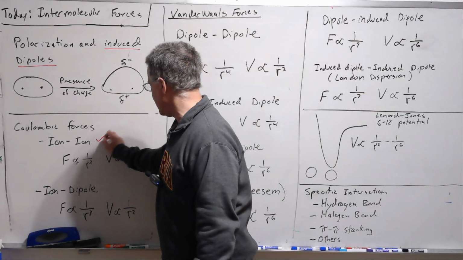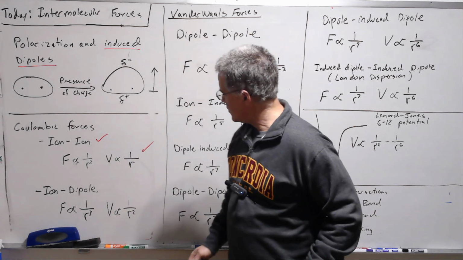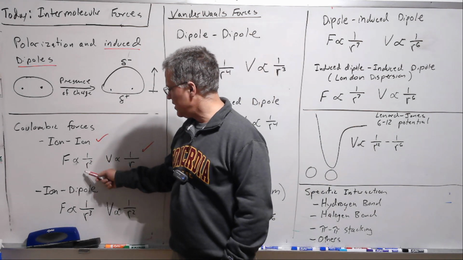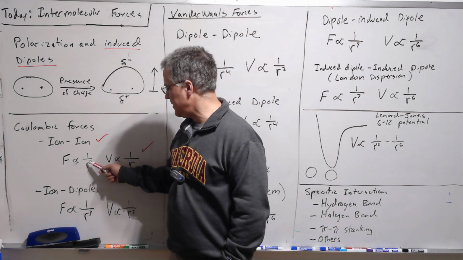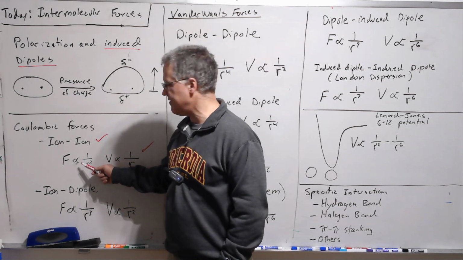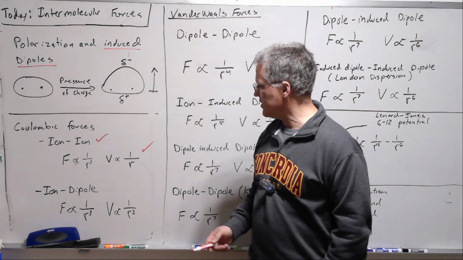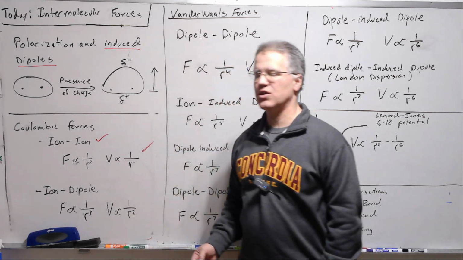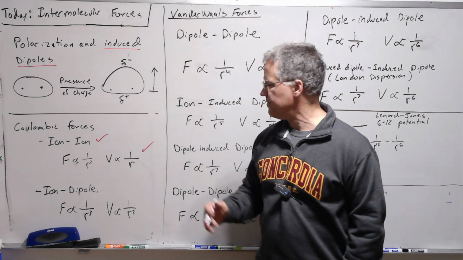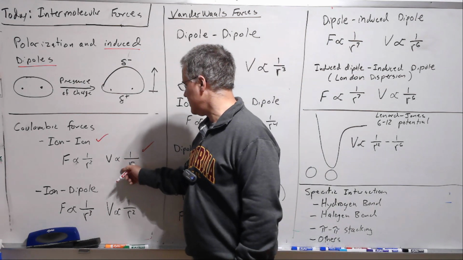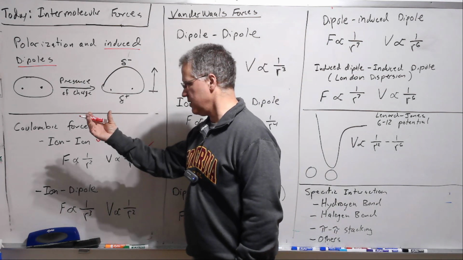Well, we've already done a few. We've done the ion-ion. That's, of course, just Coulomb's law. So what I'm going to do here is just denote the functional behavior of the force with distance. So we know the Coulomb force falls off as 1 over r squared. It could be positive or negative. If it's attractive, then the ions will want to come together.